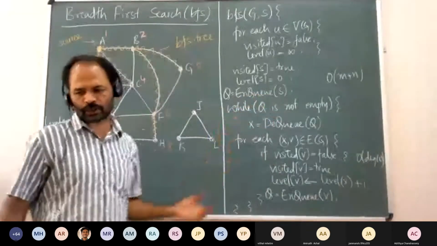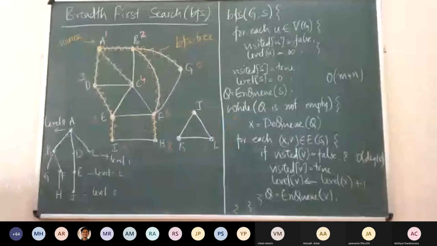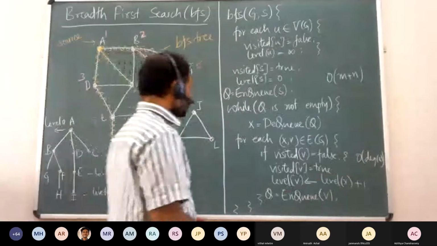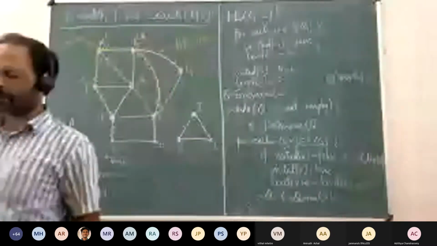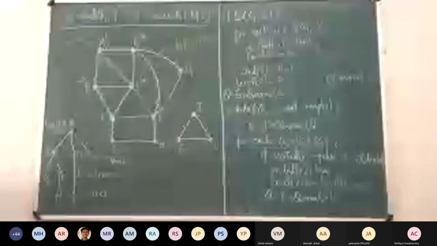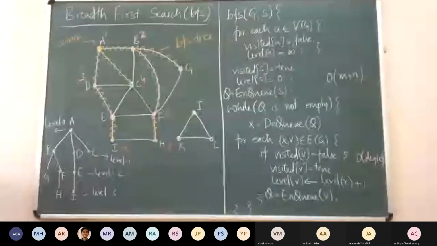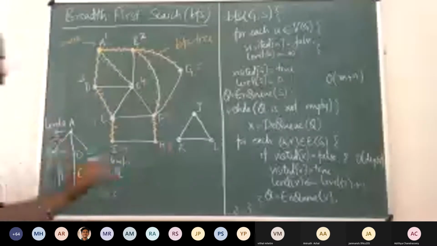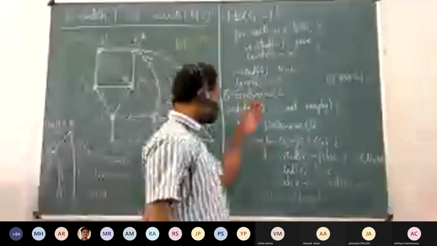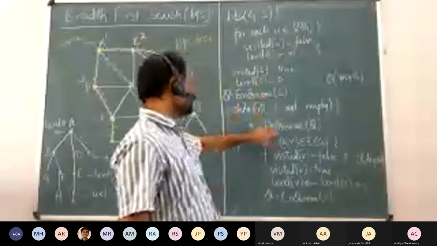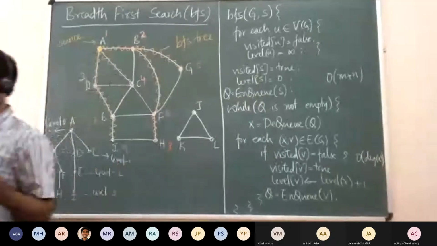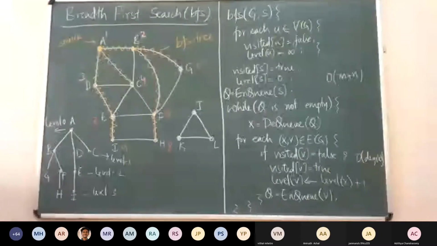Basically a first in first out service, where you always push the new visited vertices at the back of the queue, and you remove vertices from the front of the queue. So enqueuing is pushing the vertex into the queue, and dequeuing is removing the vertex from the queue.